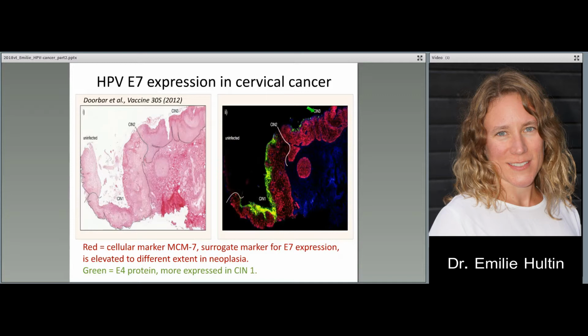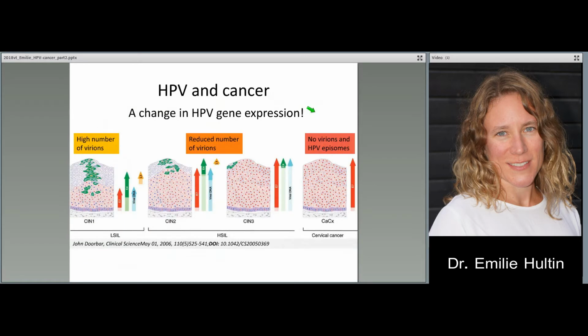This fits well with the hypothesis that the HPV genome can be integrated and parts of the genome are then lost. The E4 gene is within the E2 gene, which is usually lost when the HPV genome is integrated. This picture shows how E4 expression is also lost in the higher grade lesions.